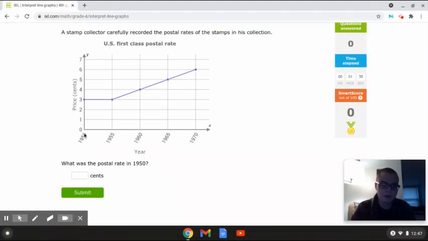If we look at the line graph, and we look at 1950, it looks to me that there are 3 cents. So the answer is 3 cents, because we took a look at the line graph and saw that the postal rate in 1950 was 3 cents. And that is how to solve this problem. So let's hop on to another one.